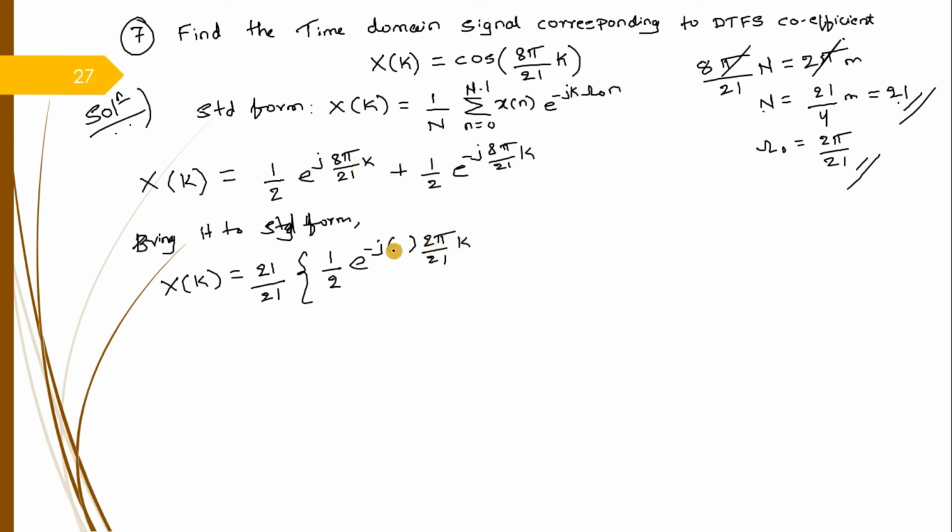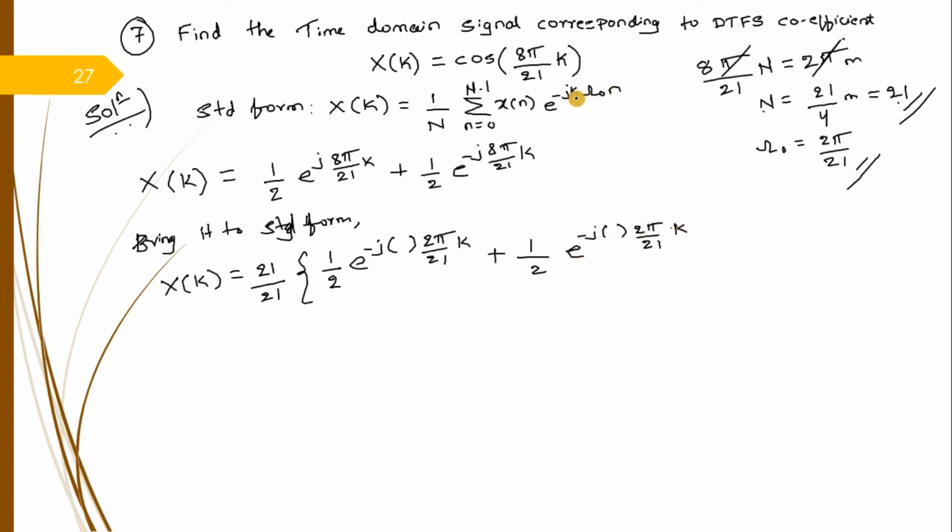I should write k. I need to decide the value of n. Okay, so we will decide it later. Plus 1 by 2 e raised to minus j, n value we will decide, 2 pi by 21 is the omega naught, and k I am writing here.